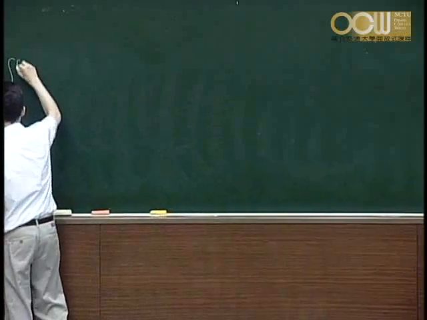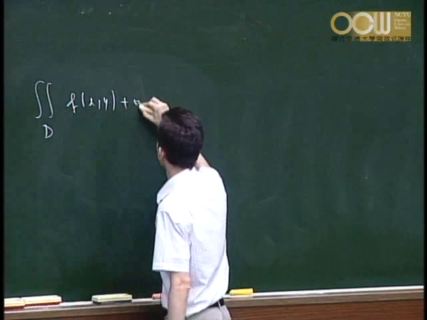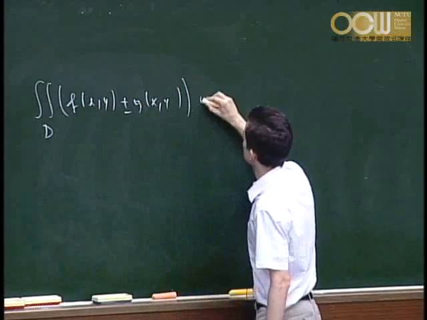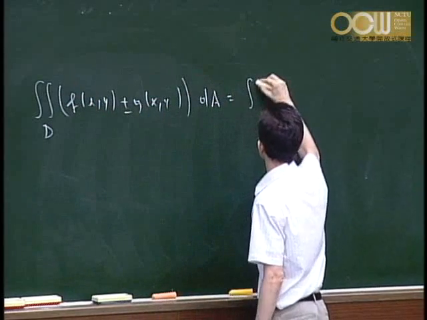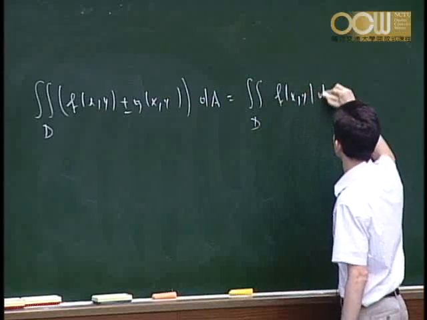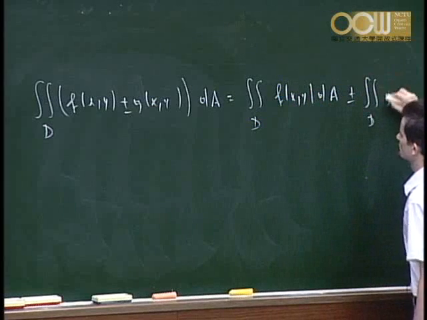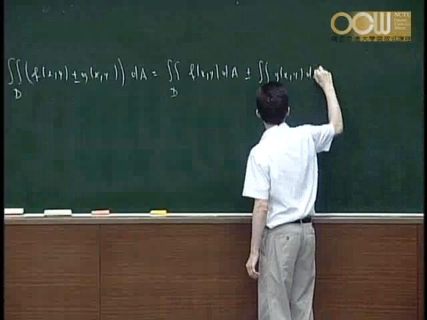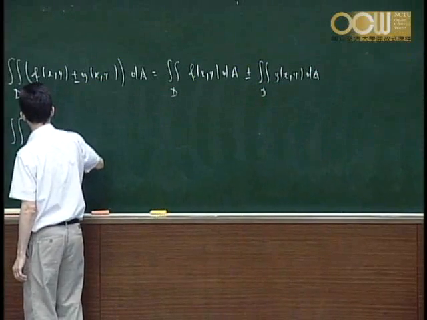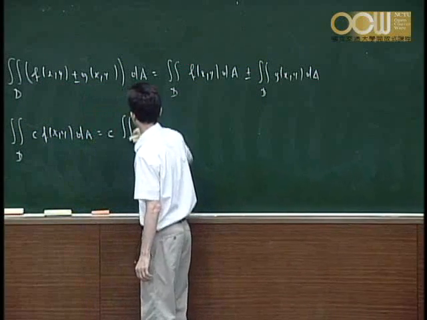So for instance, if you have a sum of two functions, or a difference, then this is the sum of the double integrals, or a difference of the double integrals. If you have a constant times a function, this will be a constant times the double integral.